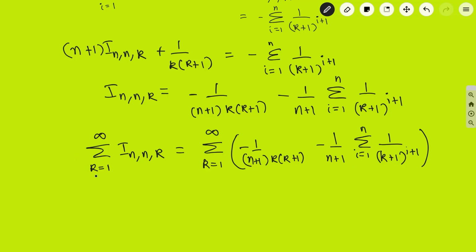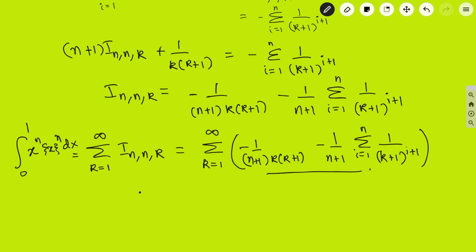And remember, this whole thing is nothing but the integral from 0 to 1 of x to the power n, fractional part of x to the power n dx, right? So this is where we are left off, and let's see if we can solve this.